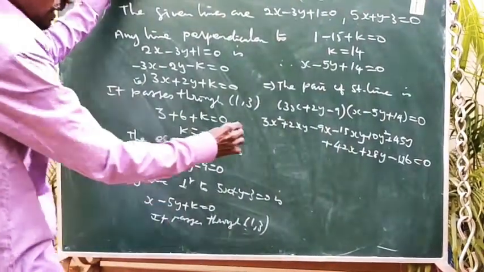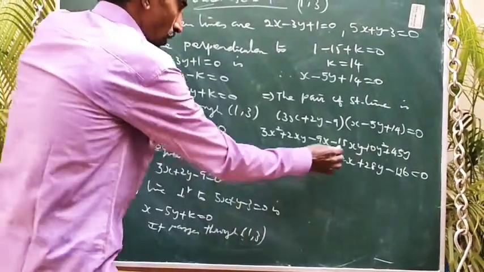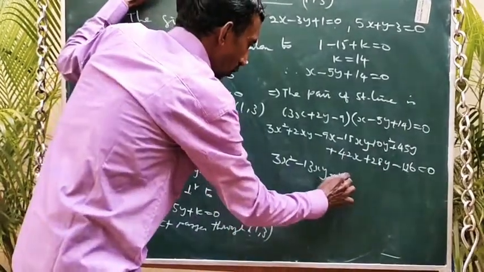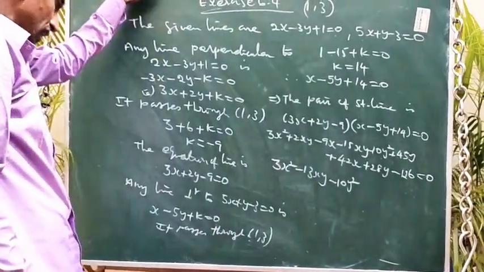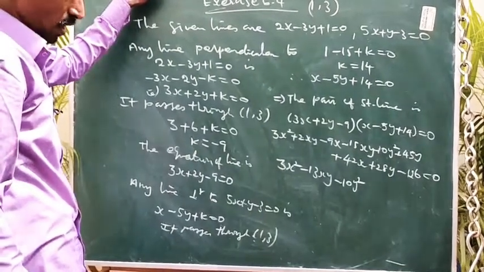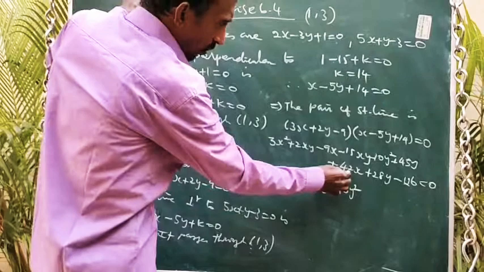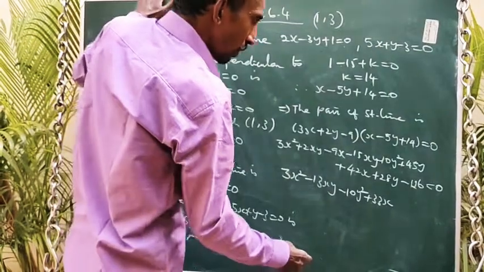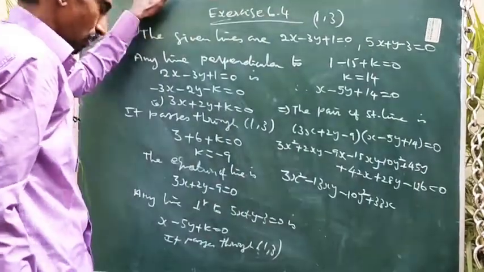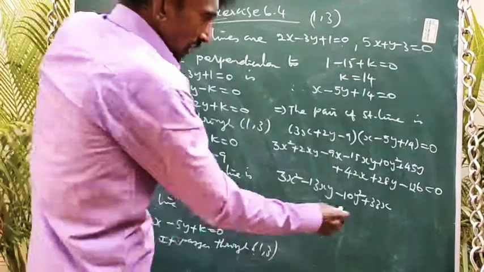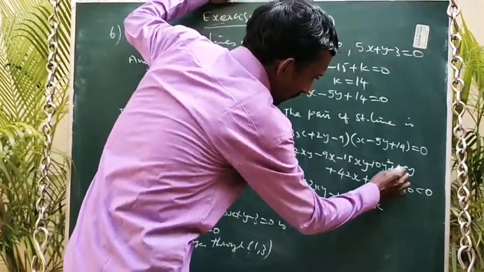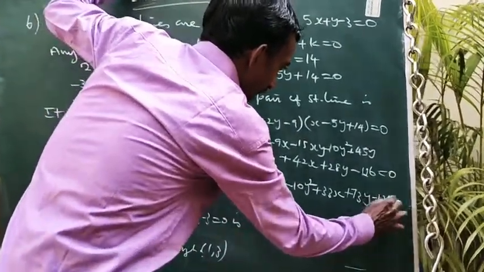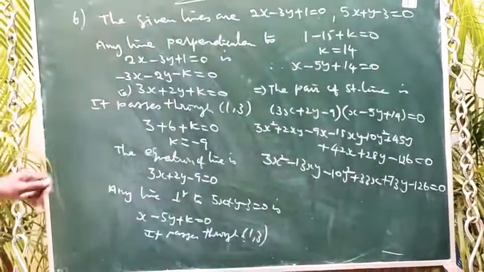If we simplify this: 3x square, minus 15 plus 2 is minus 13xy, minus 10y square, and for the x term 42 minus 9 is 33x, and for the y term 45 plus 28 is 73y, minus 126 equal to 0. So this is the required equation.